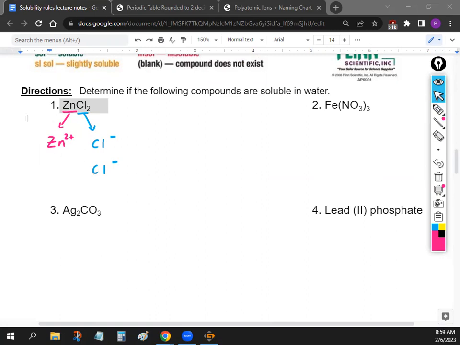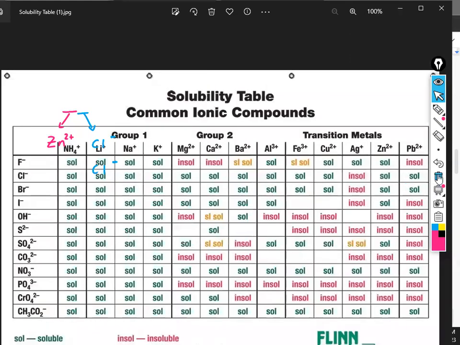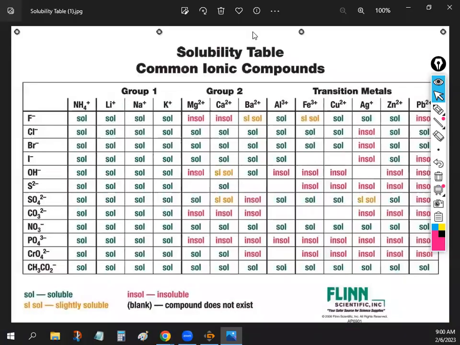Okay, all right, so once we get our ions, we can use our table to figure out whether this is going to be soluble in water or not. So let's take a look at our little half sheet that you guys should have. What we're going to do is line up the two ions that we have. The positive ones are all on the top, so we've got Zn, and we just need to cross it with Cl.